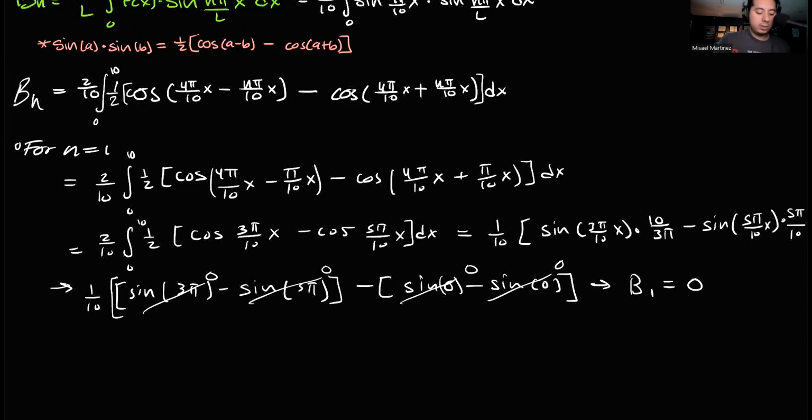So let's do then n equals 2. Let me just use a slightly different value here, just to make things different. So we have 2 over 10.